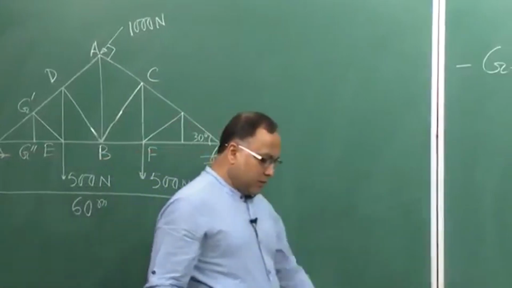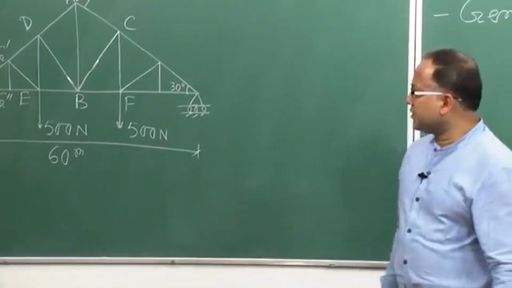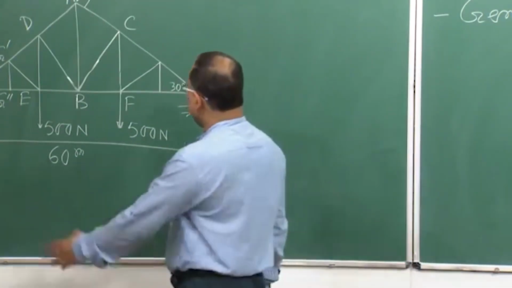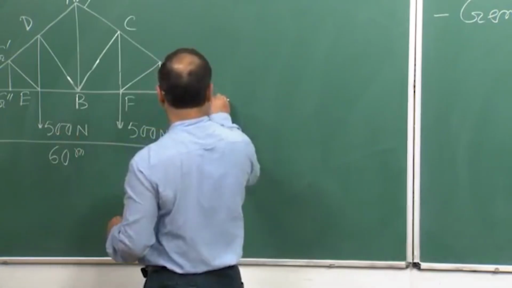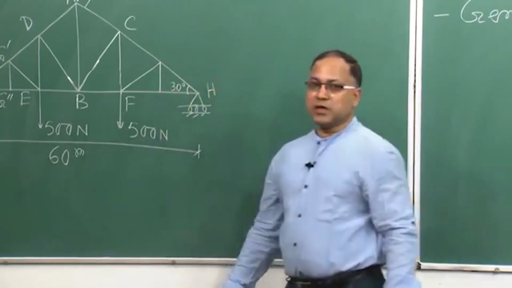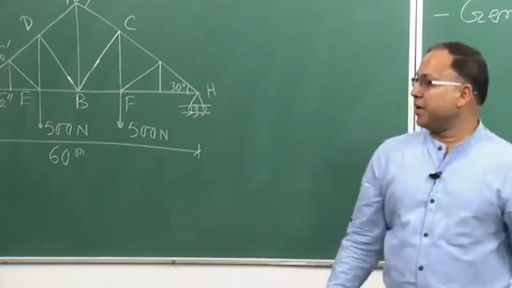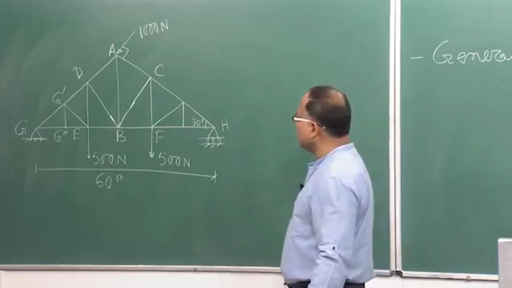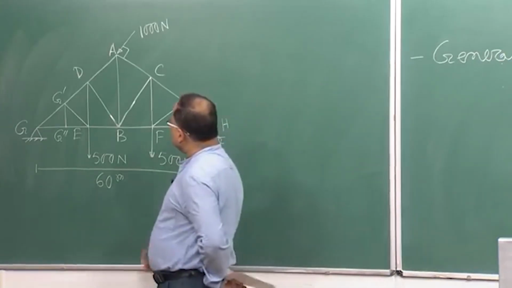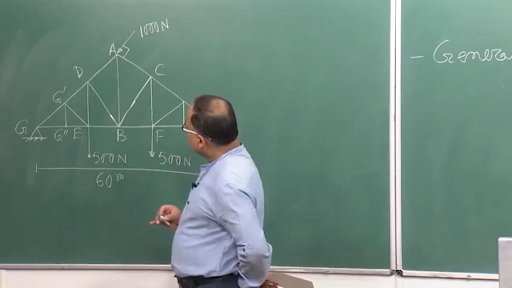So this is one simply supported plane truss. At G and H you have supports; at G you have a hinge support, and at H you have a roller support. And there are three externally applied forces on this truss.